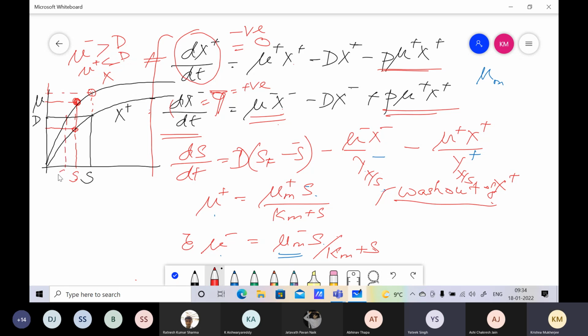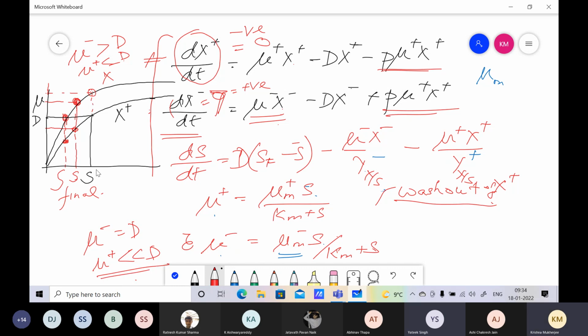This is the S final, where at this value of substrate concentration, D is equal to mu minus, and mu plus is now much less than D. It is here, and D is here, and you can see that all mu plus cells get washed out.